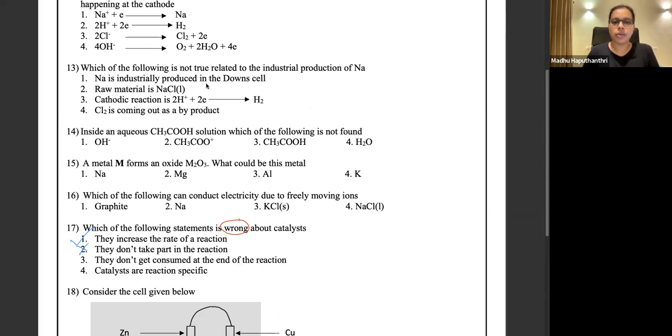They take part, but they don't get consumed. We can't say the catalysts are not taking part in the reaction. They do take part. They participate. So simply what they do is they come, they get involved in the process, and they accomplish their task, and then they slowly move out.